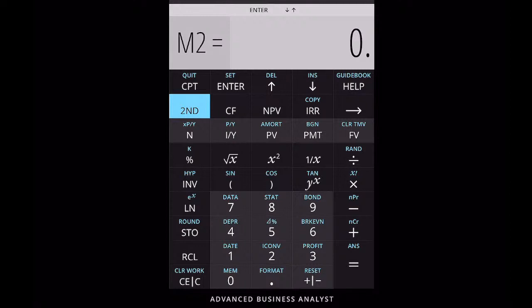There's nothing in here anymore, without affecting other stored values. Because after all this work setting this up, if I hit second reset, second reset enter, I clear everything and I have to reset the decimal places, right? So you don't want to do that.